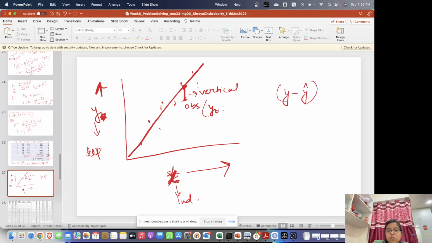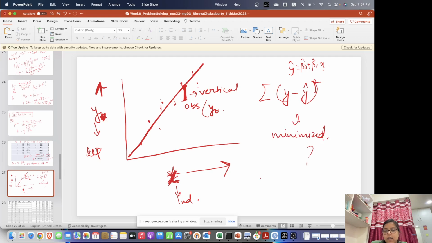We are trying to fit this y hat as beta naught hat plus beta 1 hat x, such that the error sum of squares is reduced or minimized. And how are we doing it?